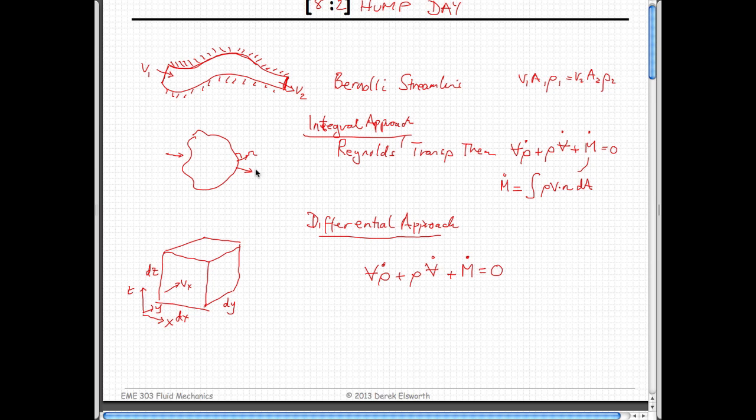But now instead of using this kind of arbitrary shape, the area of this would be just equal to dy dz on this particular face, right?